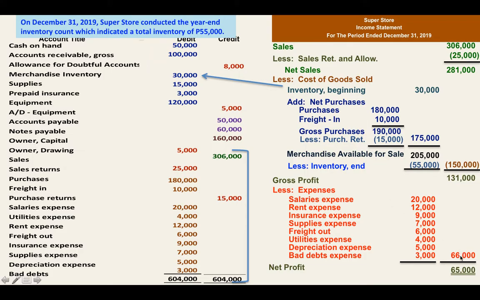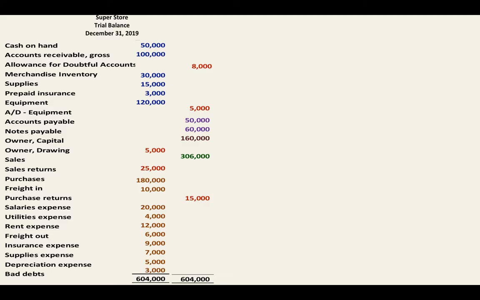Like in this case, expenses, kasi it's already a known information to everyone that expenses are deducted from gross profit. So it depends on the preparer. But the most important thing here is you know whether it has to be deducted. Okay, class? Let's move on.